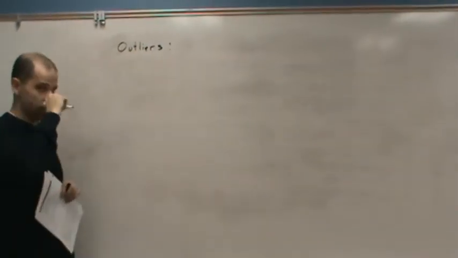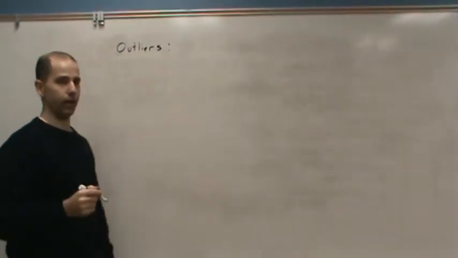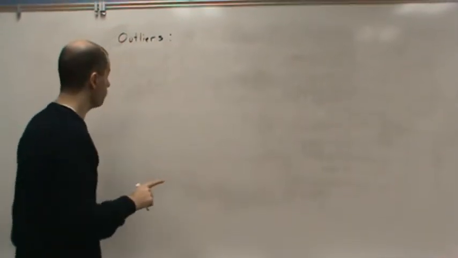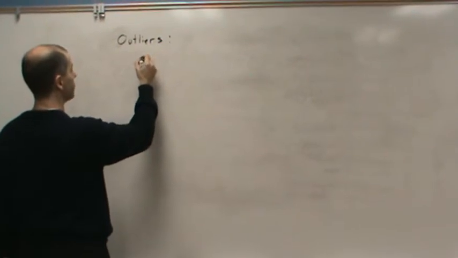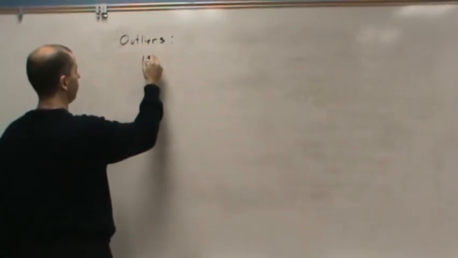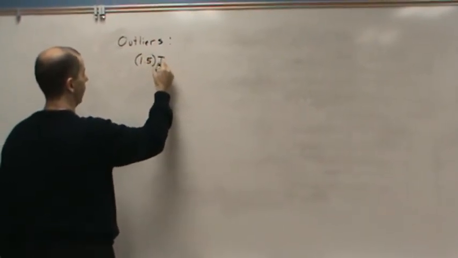Okay, let's talk about outliers again. How do we calculate an outlier using quartiles? Here's how we do it. If we use this formula, we're going to take 1.5, that's the magic number, times the IQR.